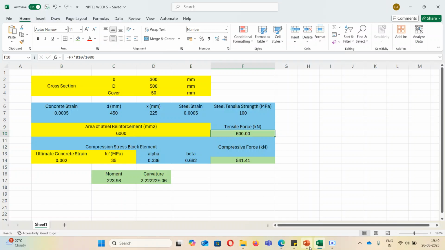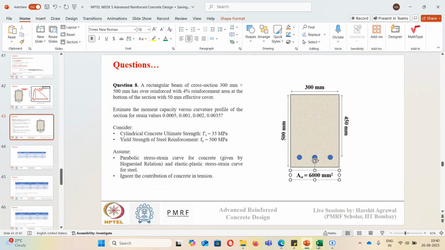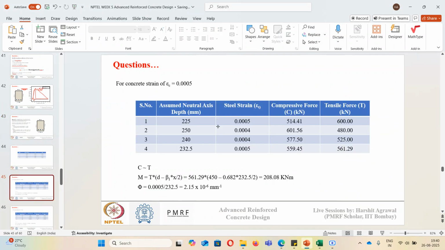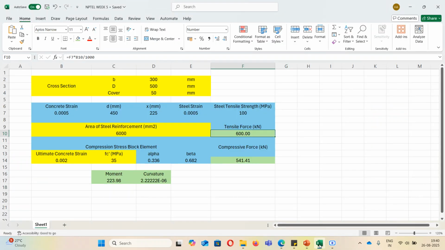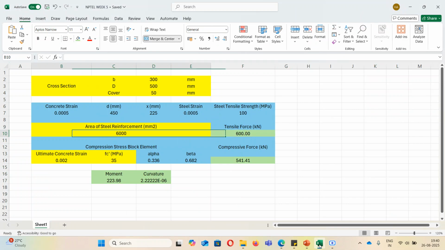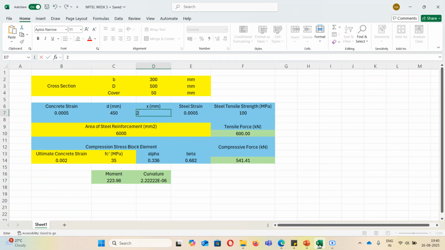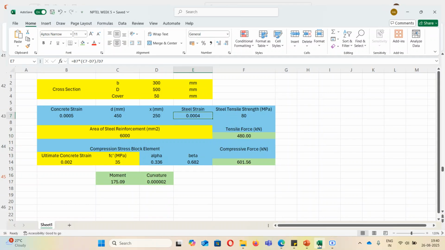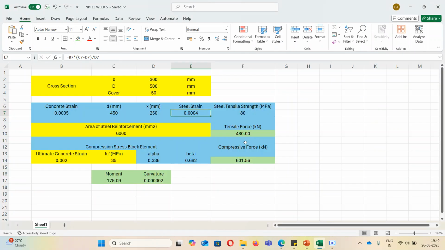You can see at neutral axis depth of 225, my steel strain is coming at 0.000005. Tensile force is not equal to the compression force. So instead of 225, to increase the compression force, I placed 250. At 250 also, it became too high. Compression force is increasing, it is more than the tensile force.